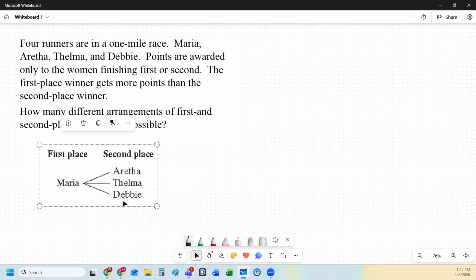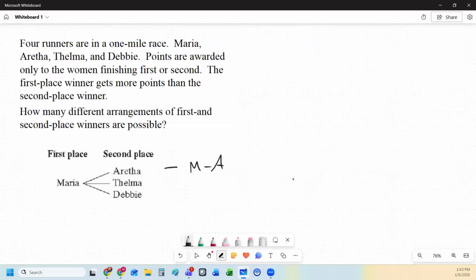Aretha can be in second place, Thelma can be in second place, Debbie can be in second place. And so I can write this as possibly Maria and then Aretha, and then Maria, Thelma, and then Maria, Debbie. And these are all 3 possibilities, right? I don't really care about third and fourth place because after second place, there's no prizes. But I have these 3 possible outcomes if Maria were to be in first place.